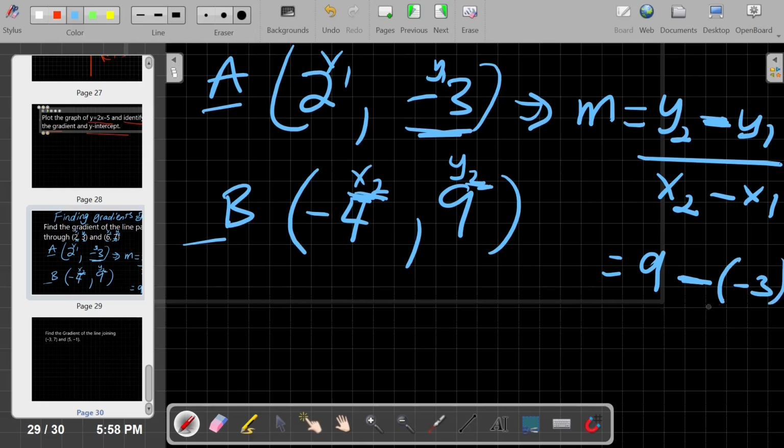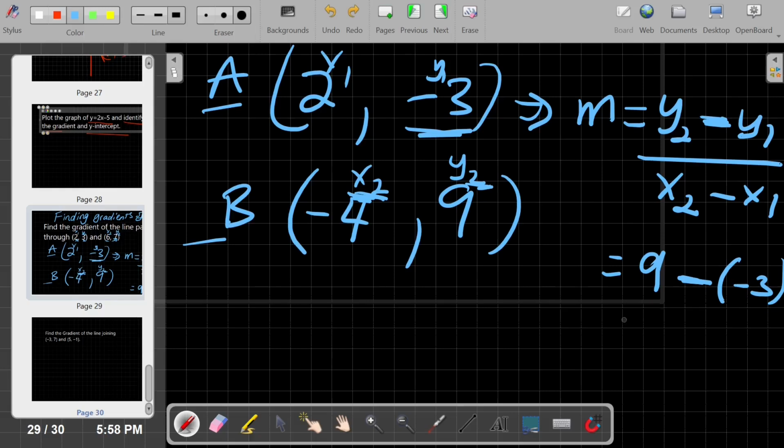That part is quite important. I'm saying to you, the gradient formula says y2 minus y1, and this is my y2 value, and this is my y1 value. This negative is for the formula. Otherwise, if you leave it out, you might have serious issues.